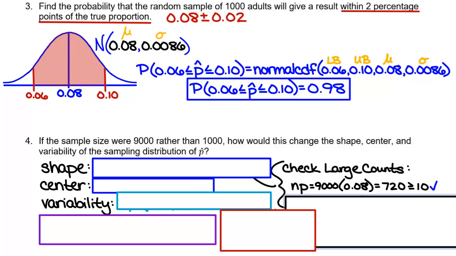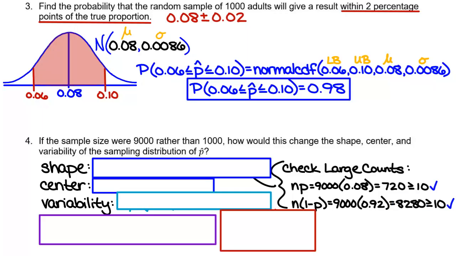So we're good there. And then we have to do N times 1 minus P. So what am I actually multiplying? 0.92. Yep, 9,000 times 0.92. And what do you get when you do that? Yes, 8,280, which is definitely bigger than 10.